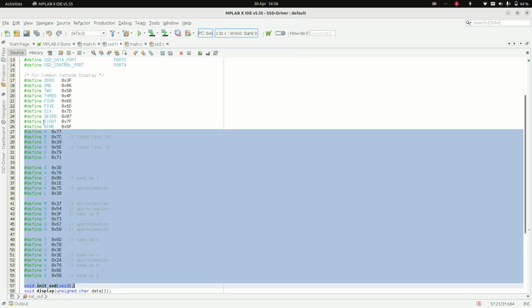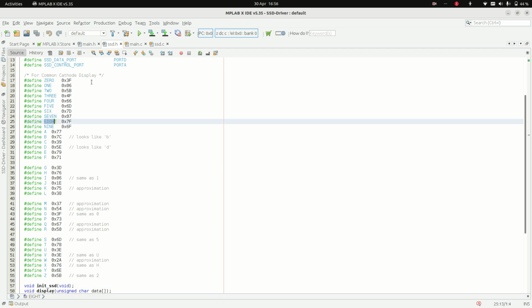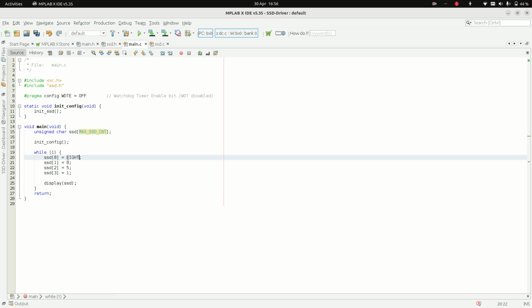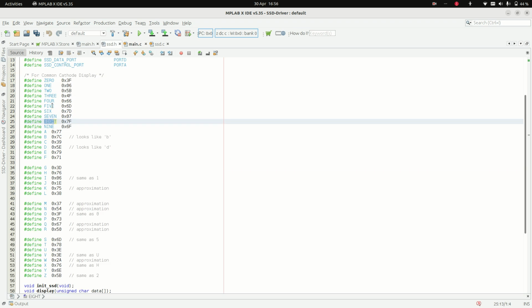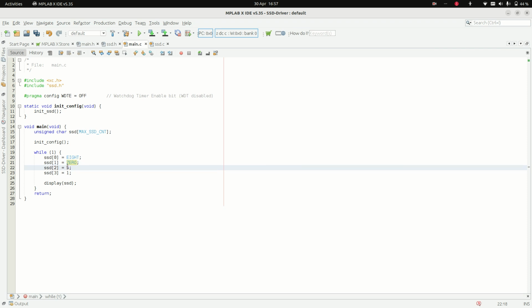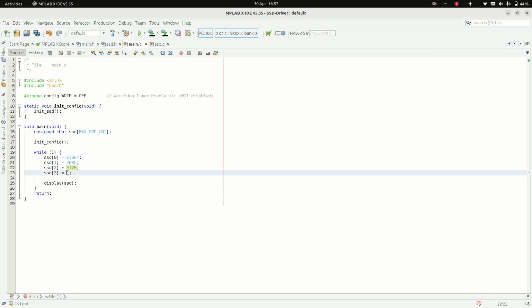Instead of writing 8051 I need to write it like this, EIGHT, the same way I wrote it here, the same name I need to write here: 8, 0, 5, 1. Sorry, I mistakenly wrote it like that.